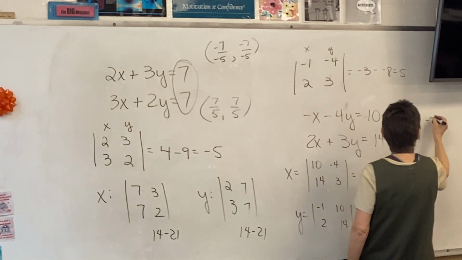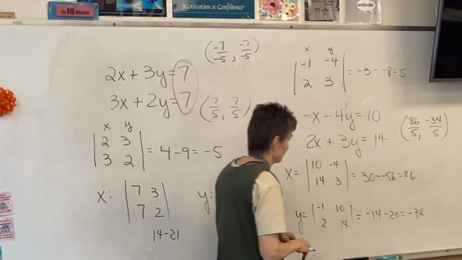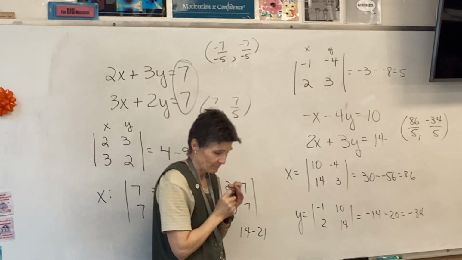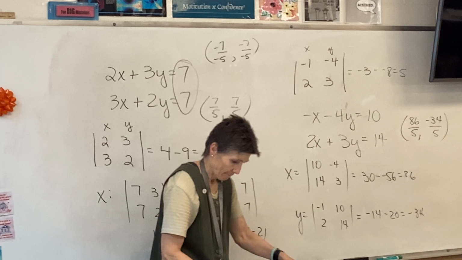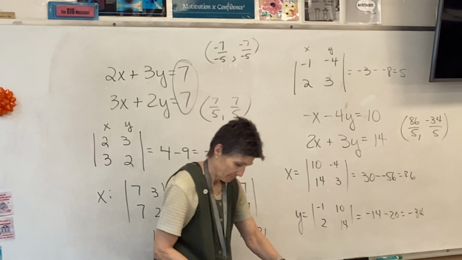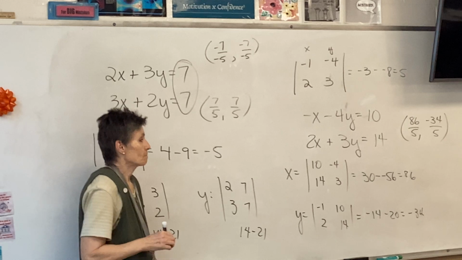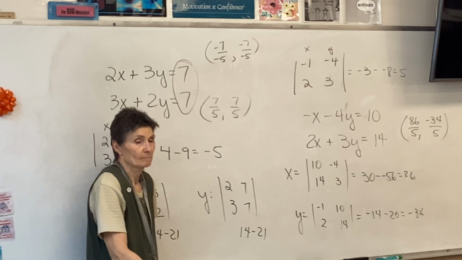For the determinant, it's 5. Positive 5. How did I get -5? It's -3 minus -8. Oh, yeah. 34. Yeah, negative 34.